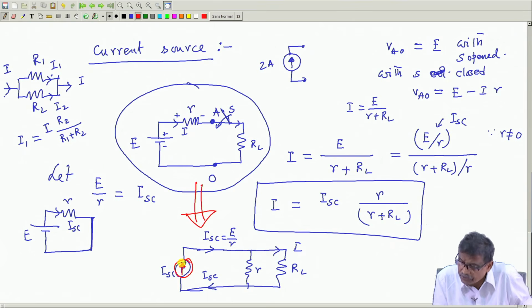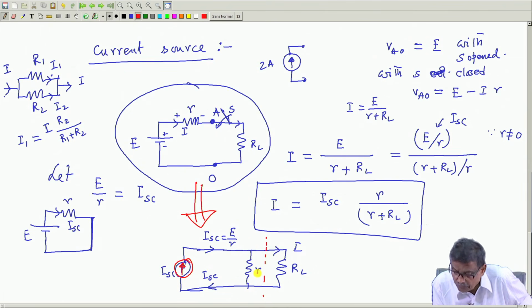Now, as I told you, up to this portion on the left of this red line is the source portion, because you see here small r is there, here is E by R is there.